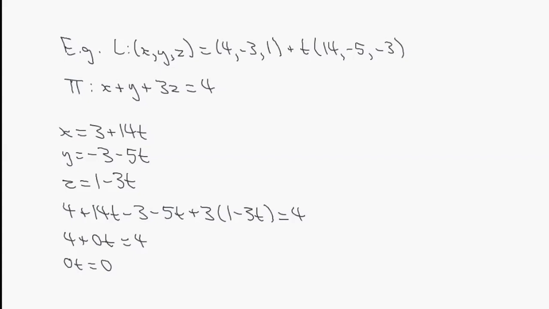So due to it being 0, this ultimately means that the value of t can be anything. So this means that the line is lying within the equation of the plane. This is basically an example of the line lying on the plane itself.